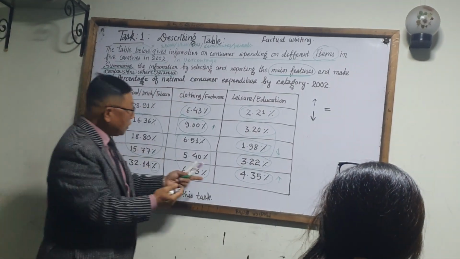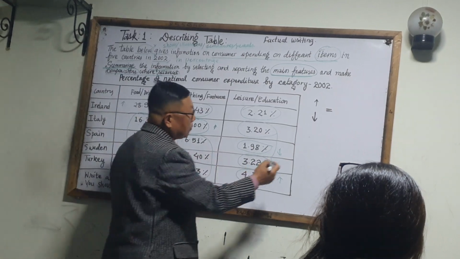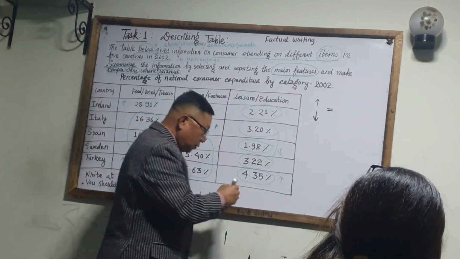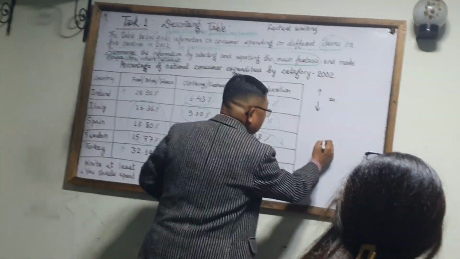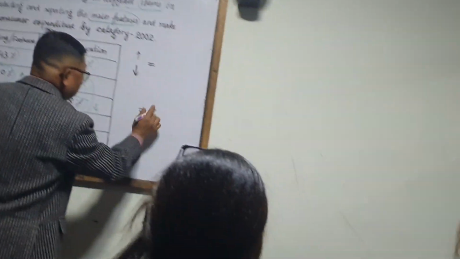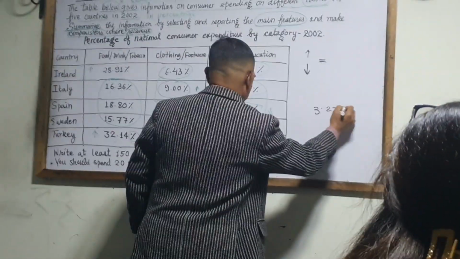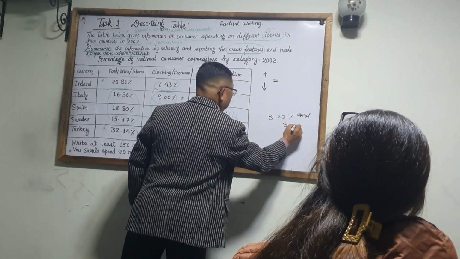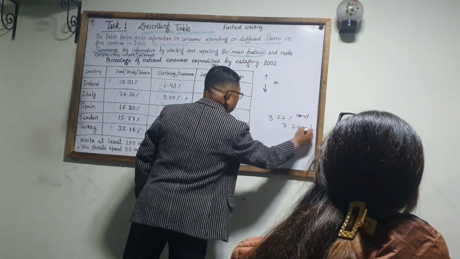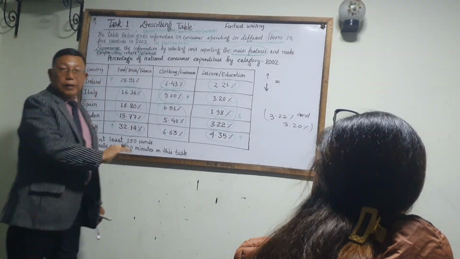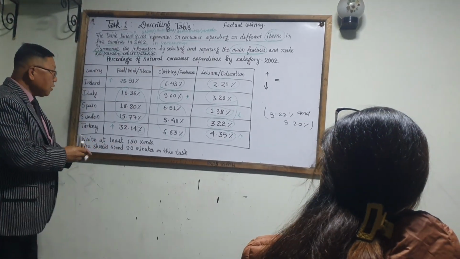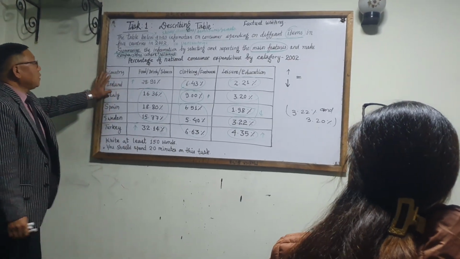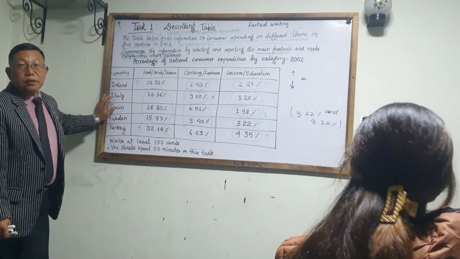So you can write like this, and the data you can also write like this: 3.22% and 3.20% in small brackets. Okay, so in this way you can describe table types of questions in the real test.